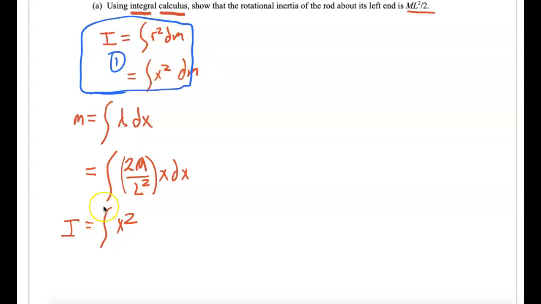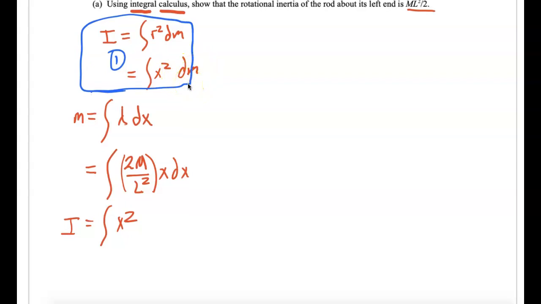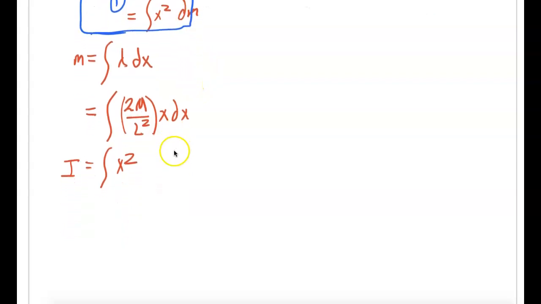So here's our integral of x squared, and then it's dm. So we've got x squared. Let's put in what we have. So we've got 2M over L squared x, and then we multiply that times dx. At this point, we're going to go ahead and do some math here.